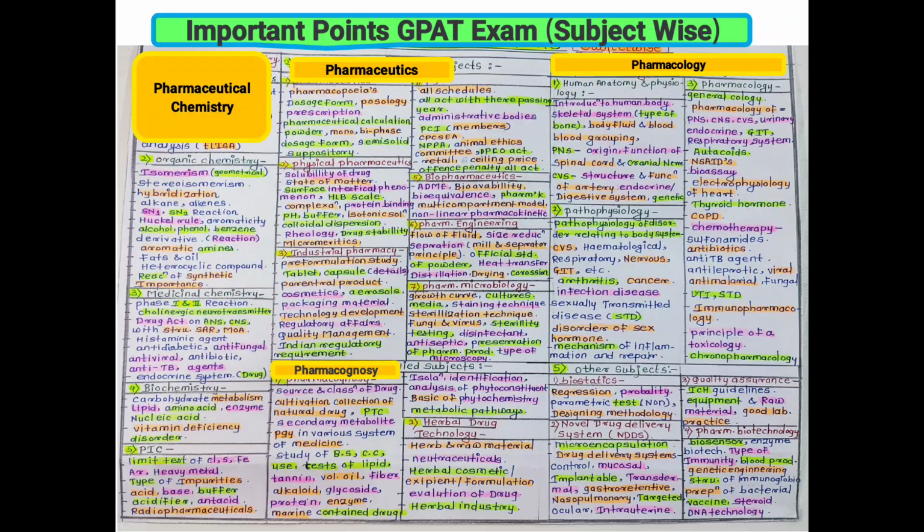Then, size separation: in that, official standard sieve numbers 10, 22, 44, 85, 120, meaning coarse to fine.